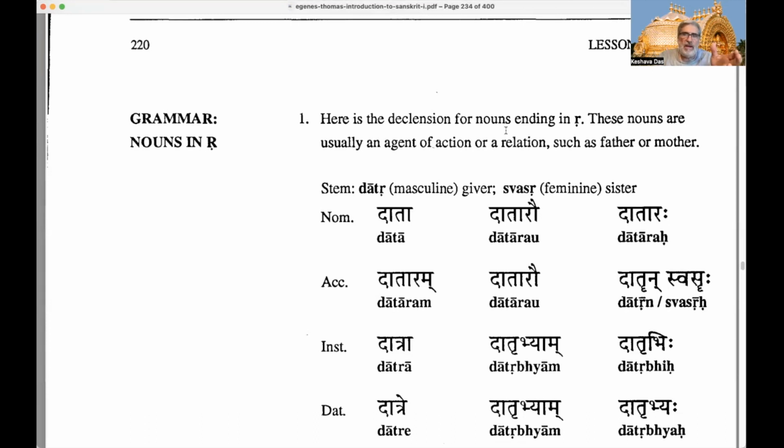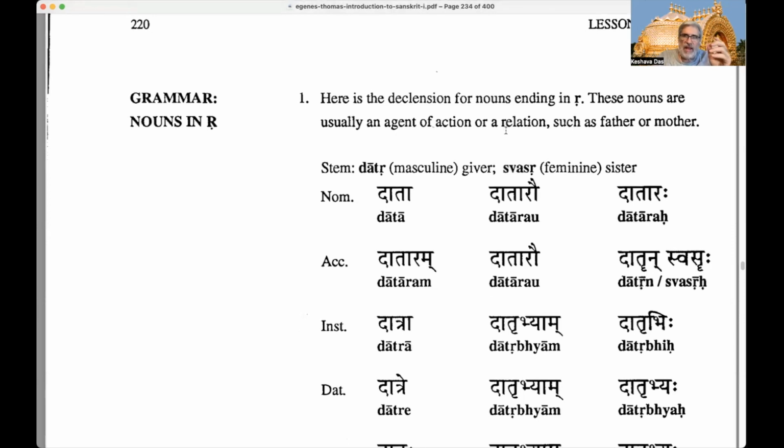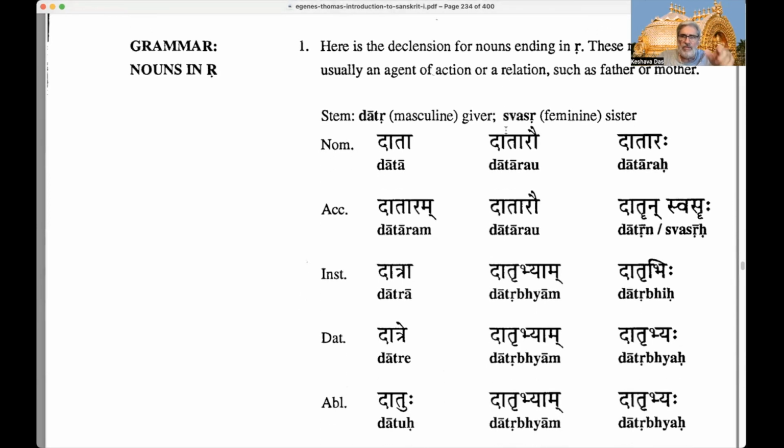We know many words that are ri-ending nouns in Sanskrit that have to do with relations, like matri, pitri, swasri, mother, father, sister, bhratri, brother. So nouns of relation, and also nouns of the agent of action. So here we have the first two.